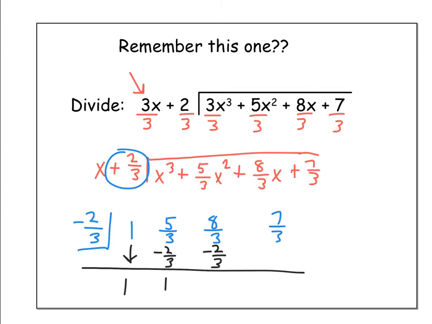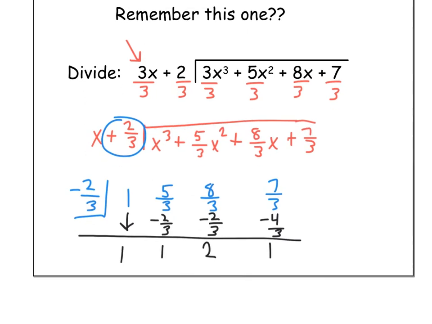Okay, the 8/3 and negative 2/3 is going to become 6/3, right? 6/3 is really 2. And then 2 times the negative 2/3 is negative 4/3. And we'll get 7/3, take away 4/3, which is 3/3. And we just get a 1 there.